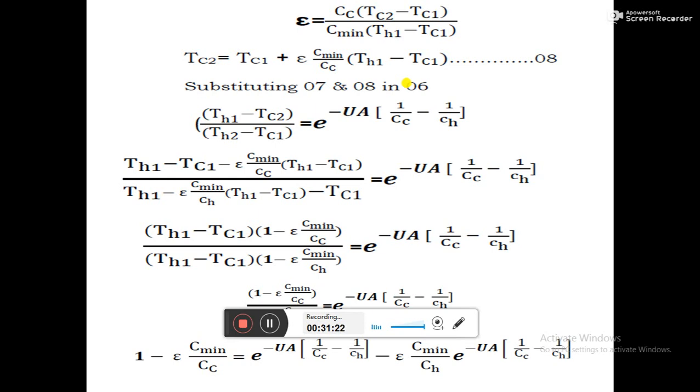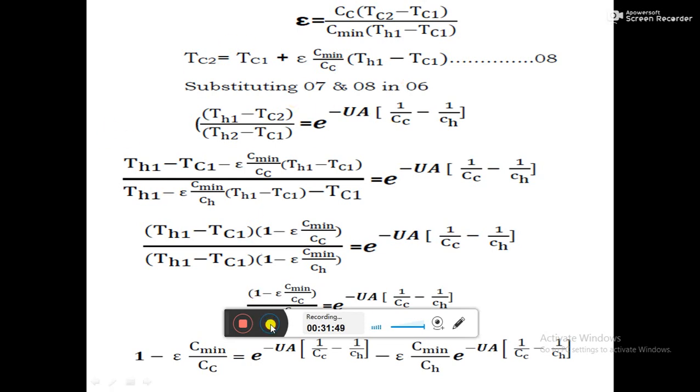Th1 minus Tc1 gets cancelled. We will get 1 minus effectiveness into C minimum by Cc in the numerator, and in the denominator 1 minus effectiveness into C minimum by Ch, equals e to the power of minus UA into 1 by Cc minus 1 by Ch.